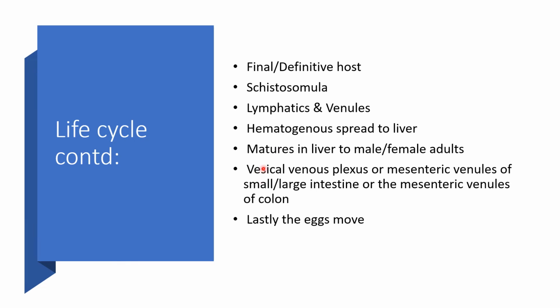There's an entity called the vesical venous plexus that will be the target of Schistosoma hematobium. I'll tell you more later on. Or the mesenteric venules of the small or large intestine, or even the mesenteric venules of the colon in the case of Schistosoma mansoni, japonicum, intercalatum, mekongi, guineensis, and malienesis, even the Schistosoma hematobium-bovis hybrid, causing problems in the gastrointestinal tract.